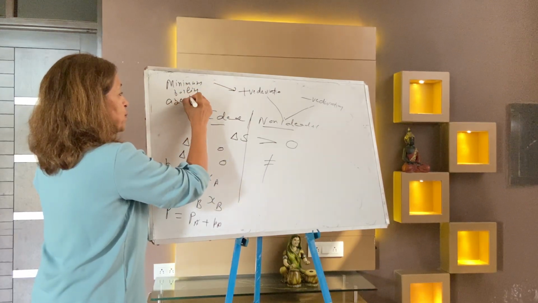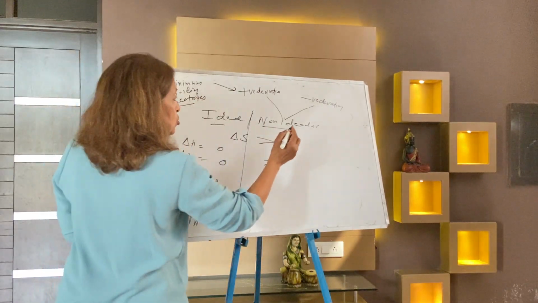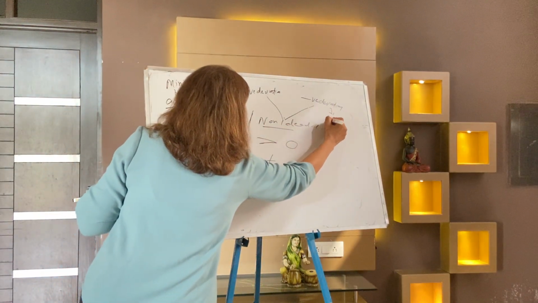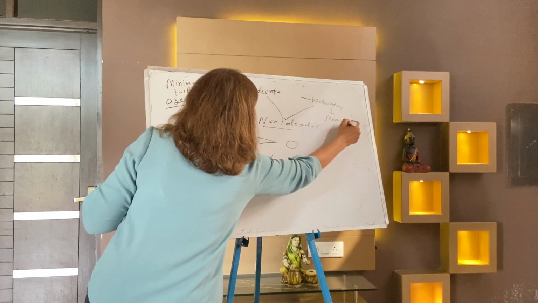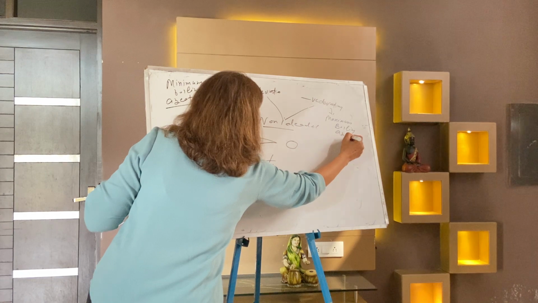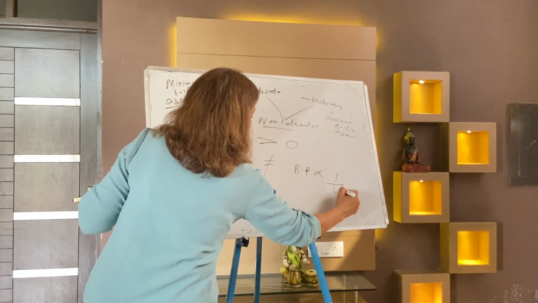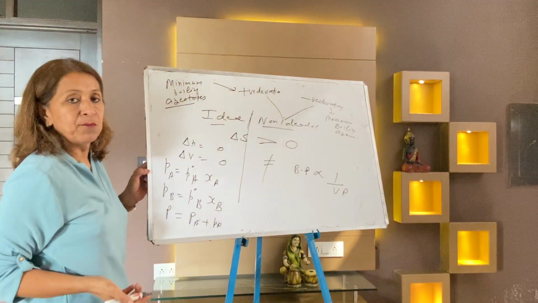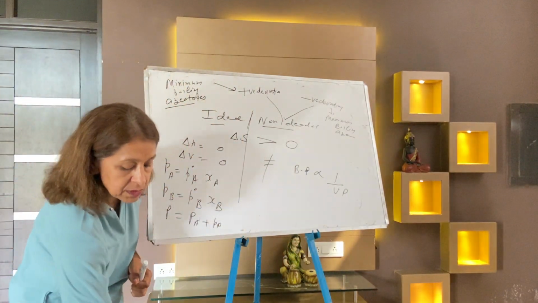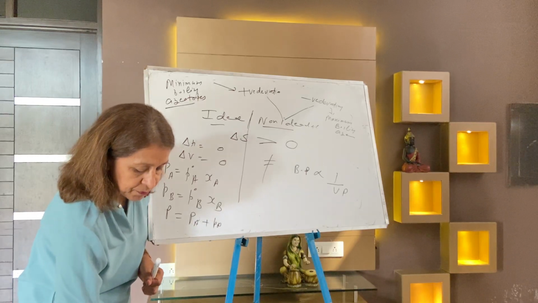You know what azeotropes are? Constant boiling mixtures. Those showing negative deviations are maximum boiling azeotropes. Boiling point is inversely proportional to vapor pressure: the less the vapor pressure, the greater the boiling point. Write down all these things.